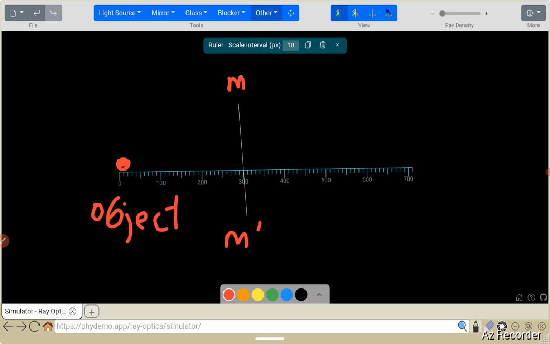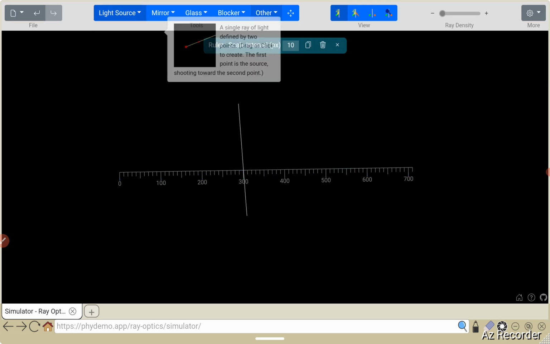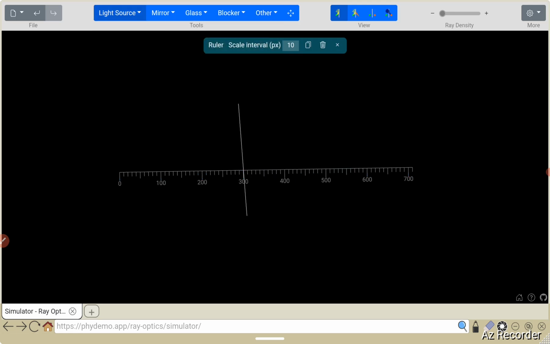Understood? Now for this what we have to take? We need a minimum of 2 rays. Correct? Then one ray I am taking normal to the mirror.